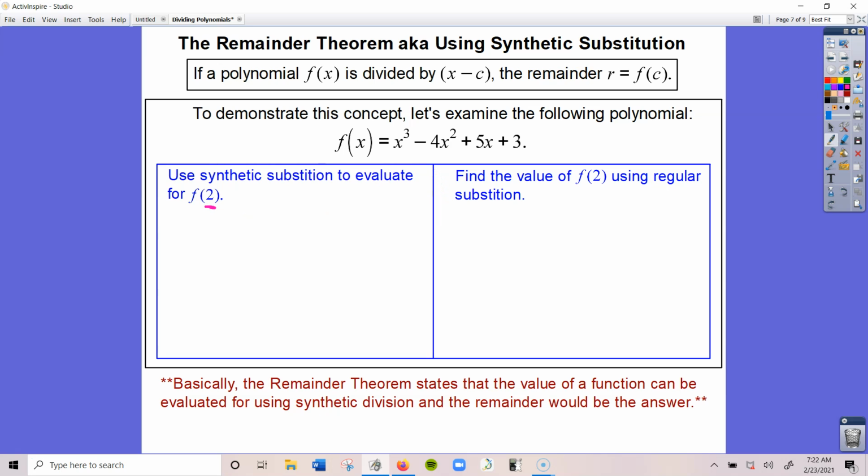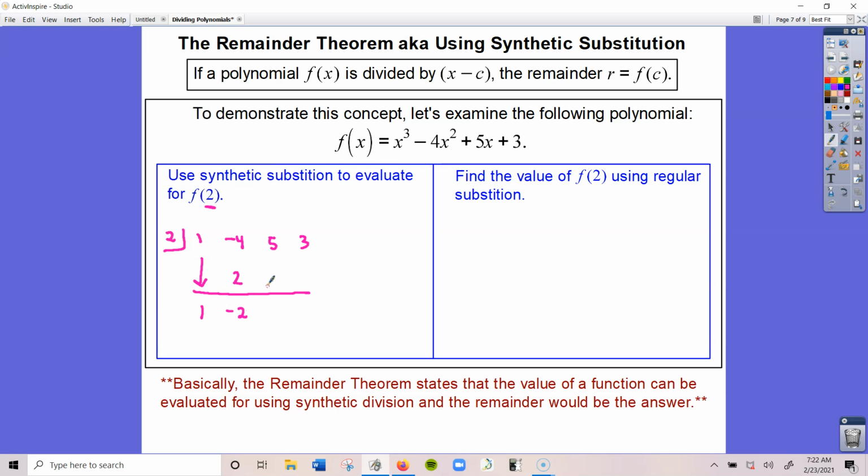Instead, this number here is the number that we would put in the box. We put our coefficients going across, so 1, negative 4, 5, and 3, since we're not missing any terms here. Bring down the 1. 1 times 2 is 2. Negative 4 plus 2 is negative 2.